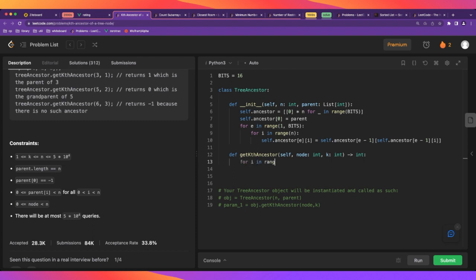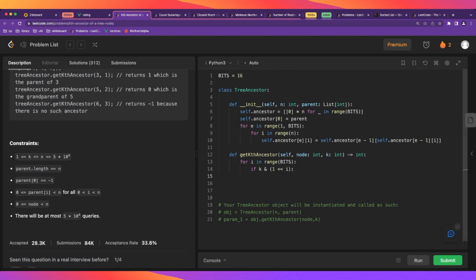So we want to know if k has this bit on, and we want the node to be the ancestor I of the node.